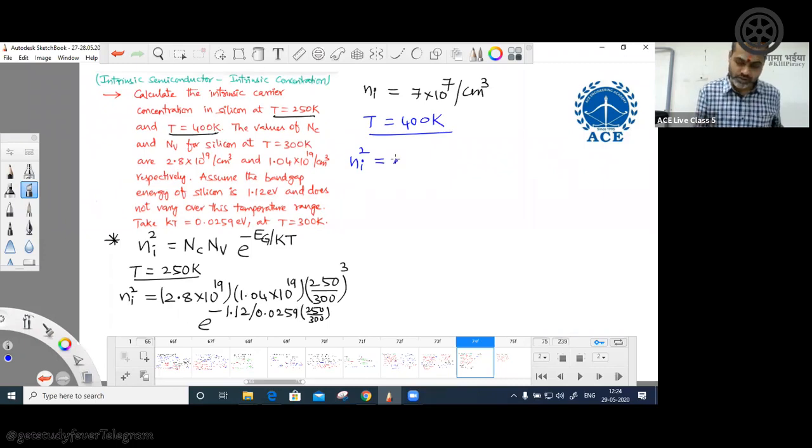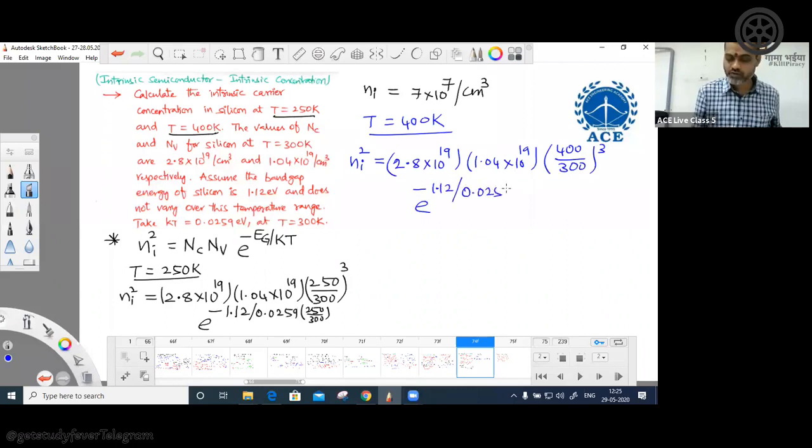So it is 2.8 into 10 power 19 into 1.04 into 10 power 19, into 400 by 300 whole cube, into e power minus Eg, which is the same 1.12 divided by kT, 0.0259, and we need to find at 400, so multiply by 400 by 300. Hope I am clear.